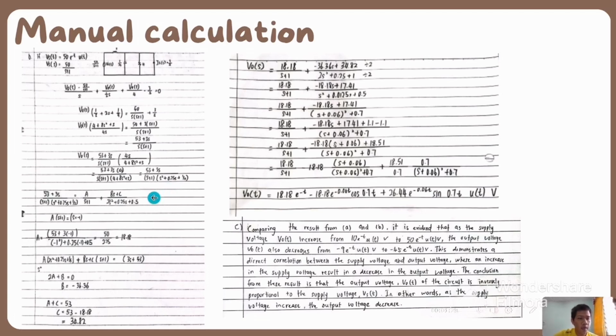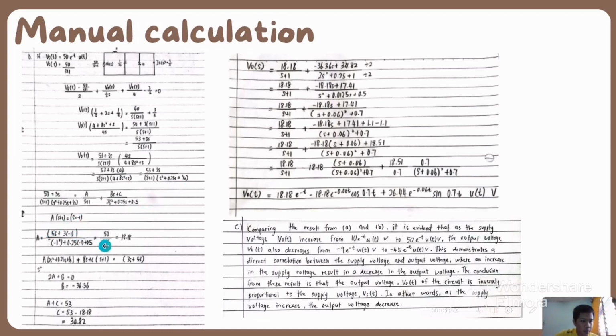So we also use the partial fraction for the equation: 53 plus 3S over S plus 1 times S squared plus 0.25S plus 1 over 2 equals A over S plus 1, plus BS plus C over 2S squared plus 0.25S plus 0.5, or 1 over 2.